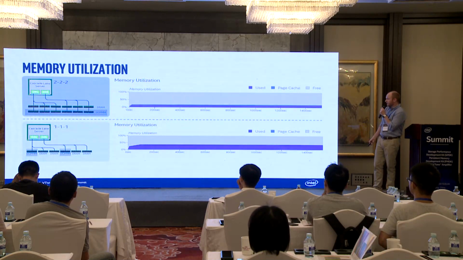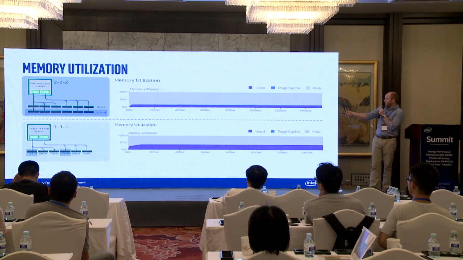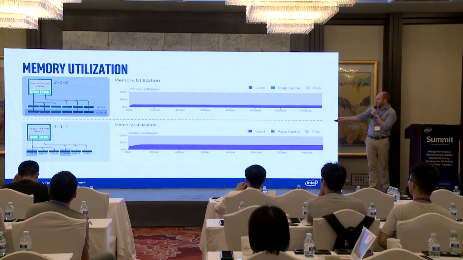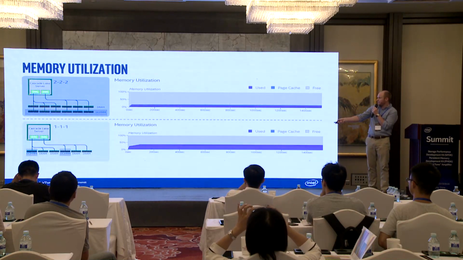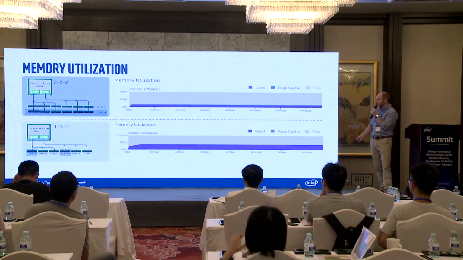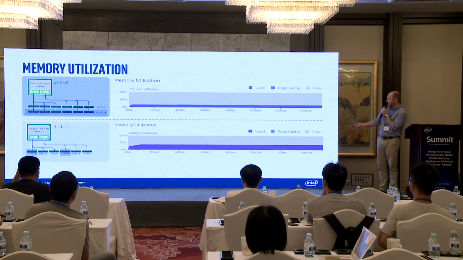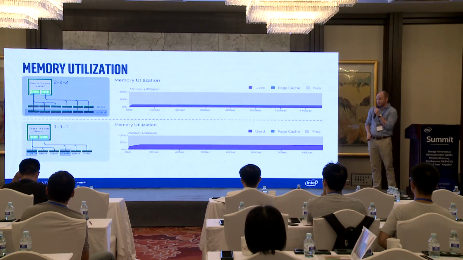If we look here, for example, a fully populated system is going to have lower memory utilization than a 111 system that has one Optane DC persistent memory DIMM and a couple of DRAM DIMMs. You obviously have much less memory available to the system, and the same workload, in this case, is seeing maybe 40% memory utilization as opposed to, I don't know, 15% memory utilization, right?